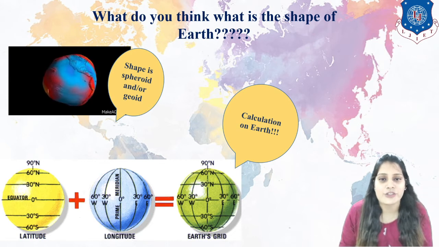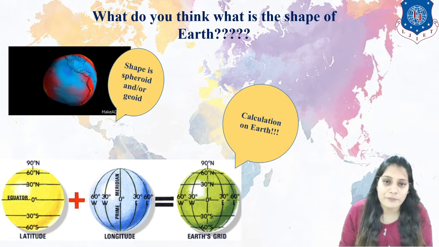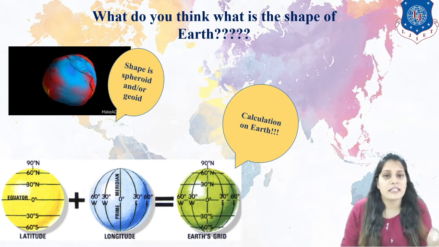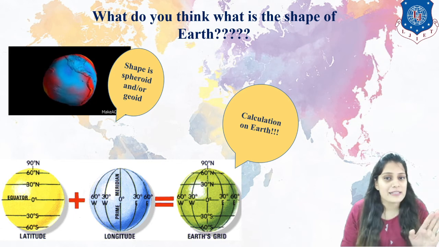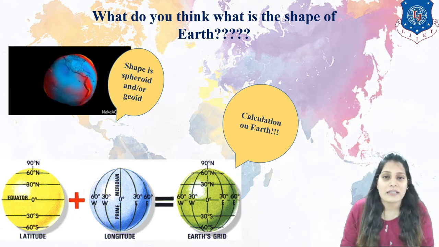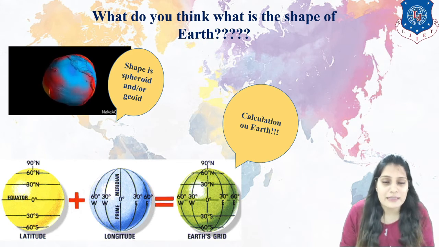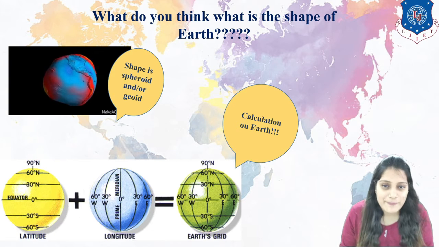It is also geoid. Technically, the shape of Earth is geoid. Now, in our whole life till now we have seen only the circular shape of Earth. You have never seen the shape shown here in the presentation. This is spheroid, this is geoid, right?